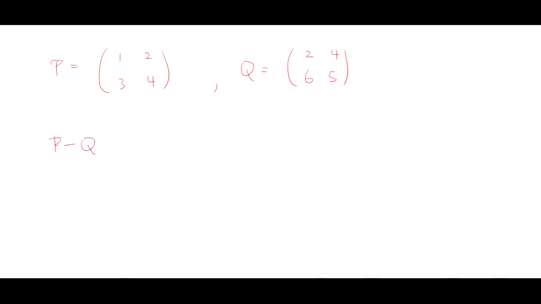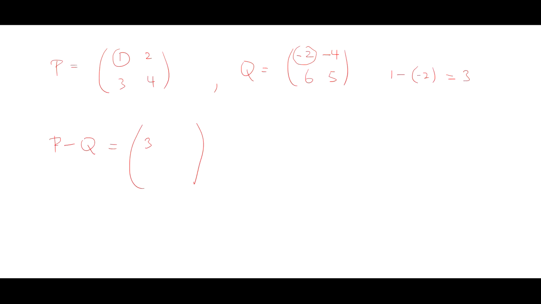Actually, let me make a slight change here. So 1 minus 2. Let me write it in the corner here so you'll see what I'm doing. 1 minus 2 is equal to 3, because when you have a minus something, it becomes plus. So it's 1 plus 2, which will give me 3.